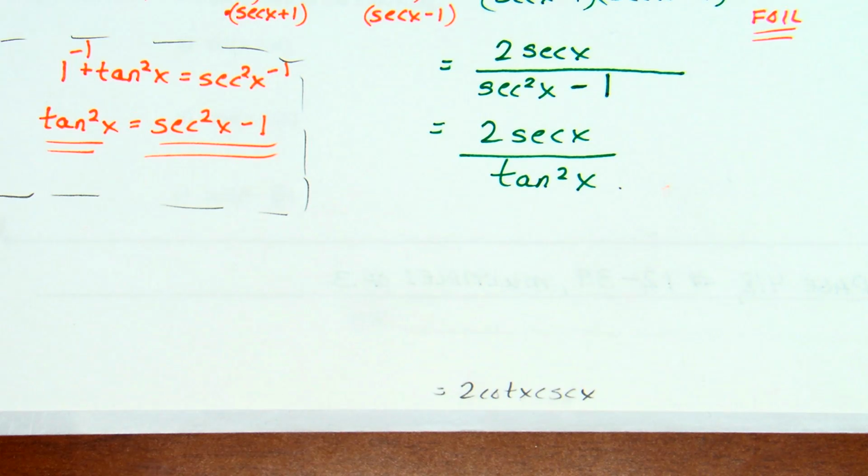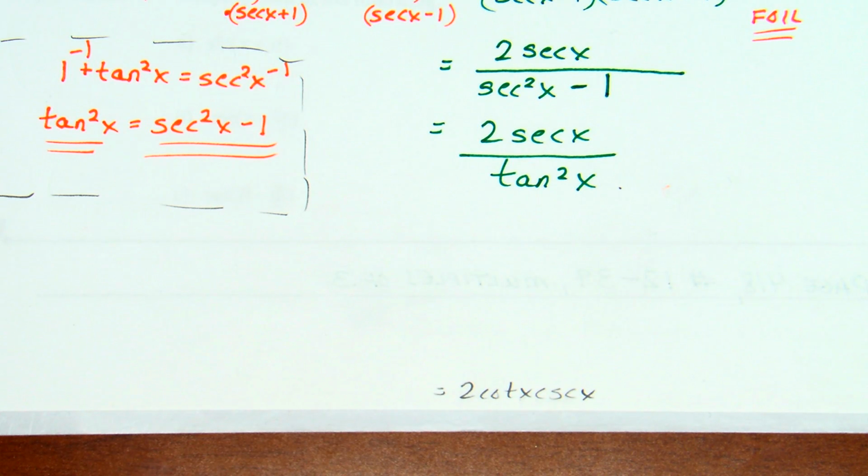Maybe I'll just go the ugly fraction way, because my other thought was tangent squared. What's tangent the reciprocal of? Tangent is the reciprocal of cotangent.